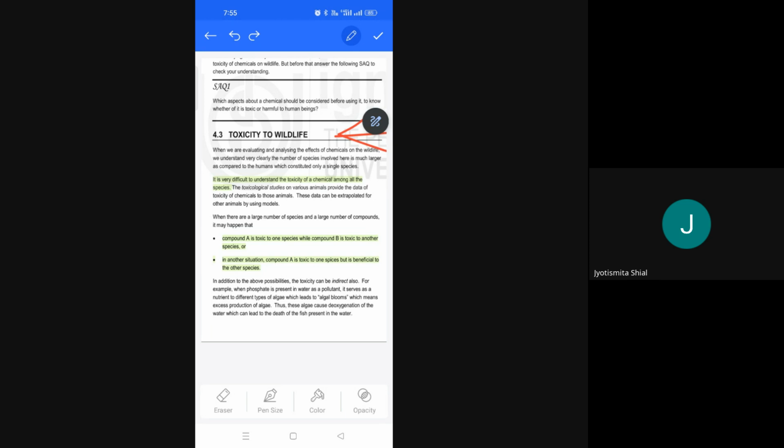But if small doses are given to the horse, then antivenom will be generated. That means a particular compound is dangerous to a particular animal. So it is difficult to find which chemical is toxic to a particular animal or a particular plant.